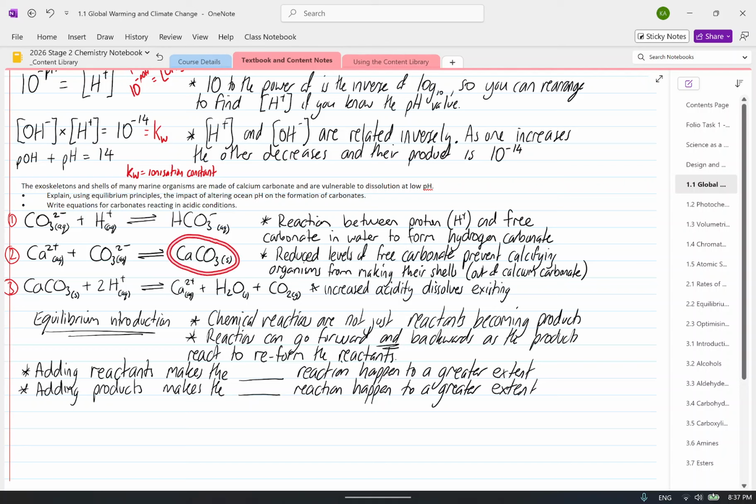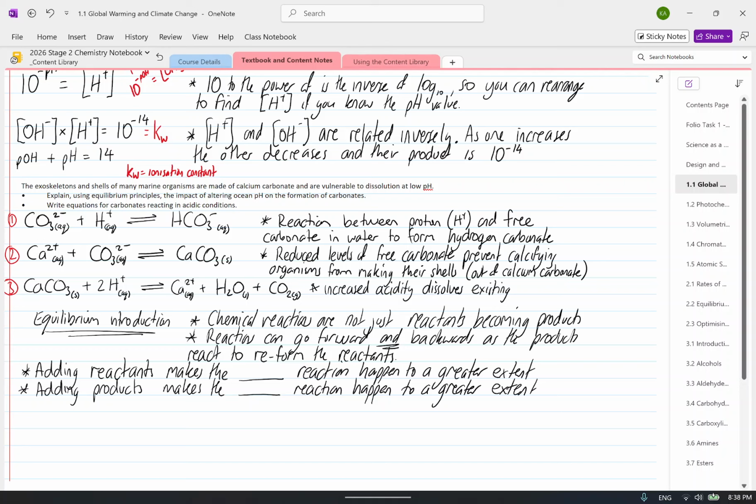Now this substance here is important because that's the stuff that these organisms use to make their shells, and you require both CO3 2- carbonate and calcium ions in the water. As you can see from the first equation though, if you have a more acidic environment, you're going to decrease the amount of CO3 2- or carbonate ions in the water, making the second equation less available, or less likely to happen.